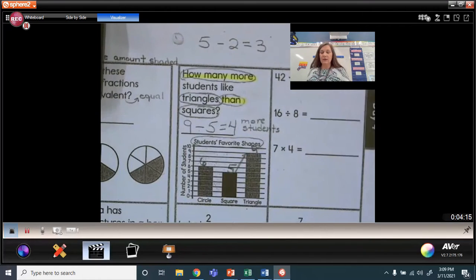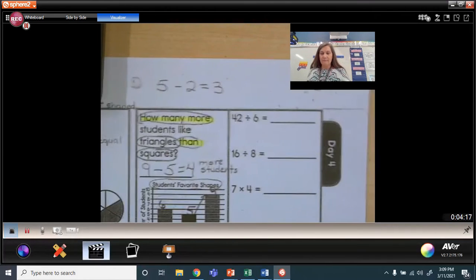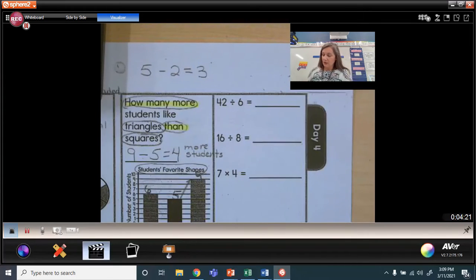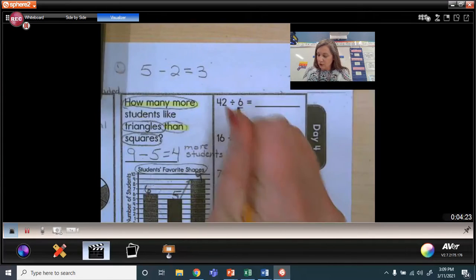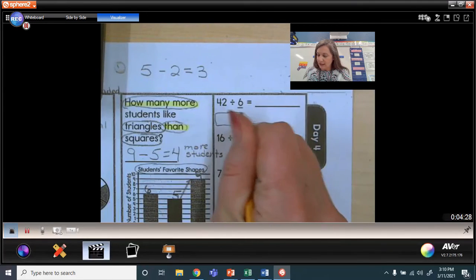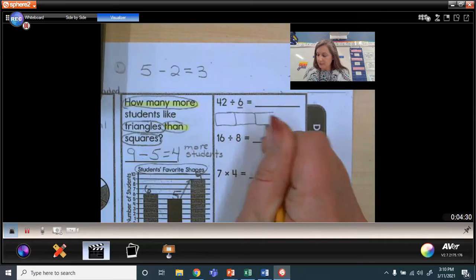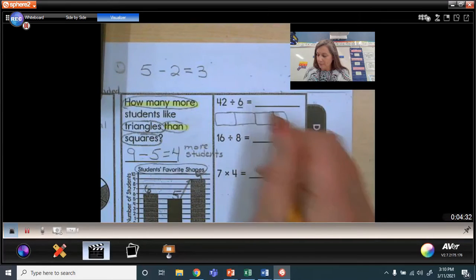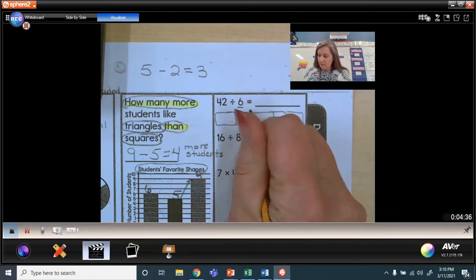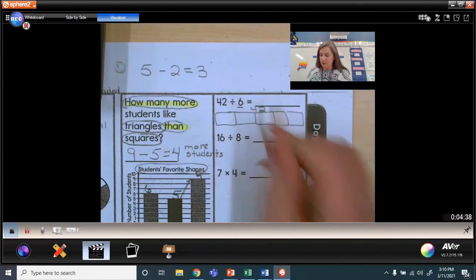All right, let's take a look at our equations. We have 42 divided by 6. So if I had 6 groups, and some of us are forgetting what we're doing when we're dividing, we're sharing something equally. That means we're taking all the objects and we're putting them into groups.